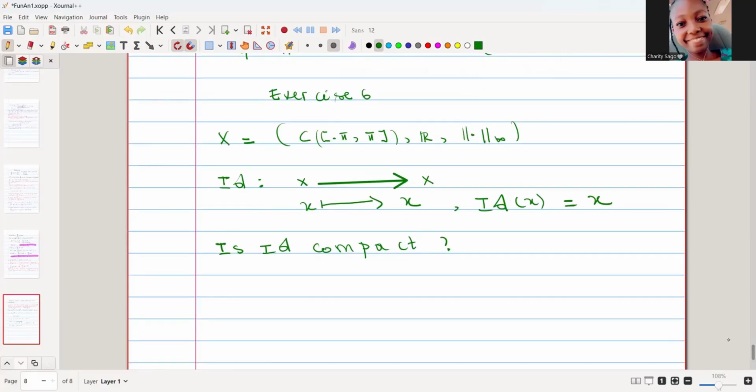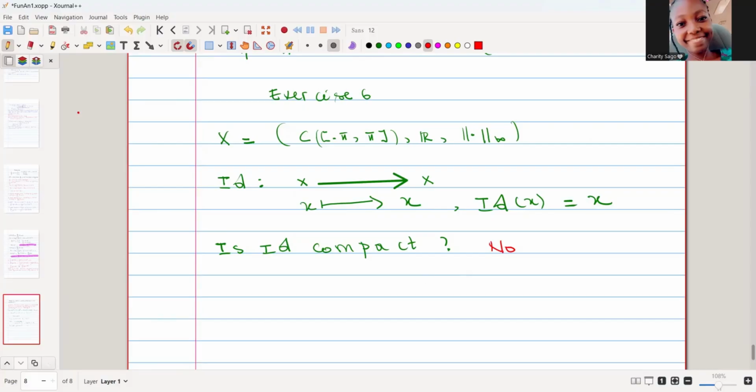Did you do the Ascoli-Arzelà theorem? Yes, we did it. Okay, nice. So the first thing that we are going to check is whether the identity is compact. Of course, the answer is no, and we are going to take a counterexample.